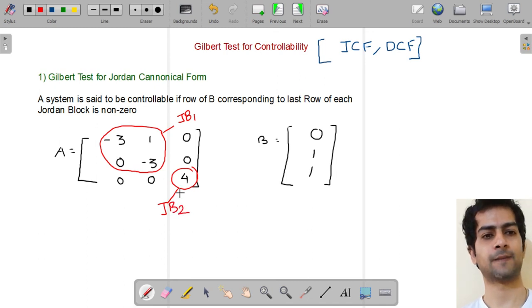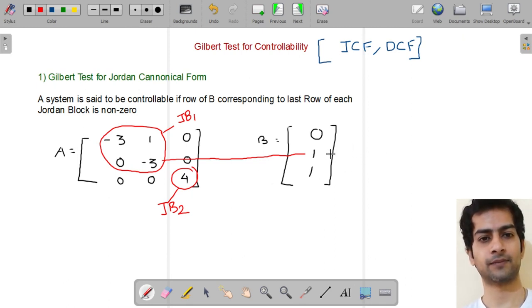Now, what is it saying? It is saying that we have two Jordan blocks. First, I will take Jordan block 1. Then I will refer to the last row of each Jordan block. This is the last row of this Jordan block. Then corresponding to this row, I will refer to matrix B. And if here we get a non-zero element, then our system will be controllable.